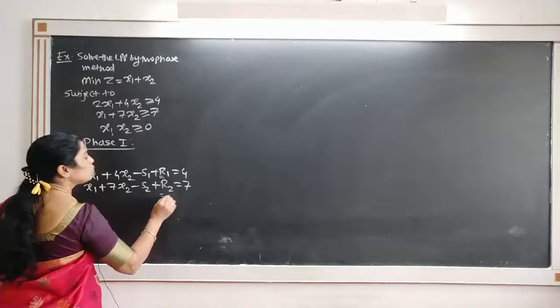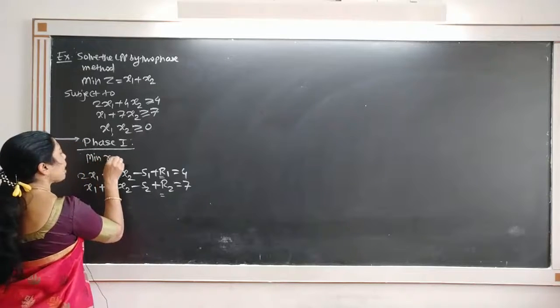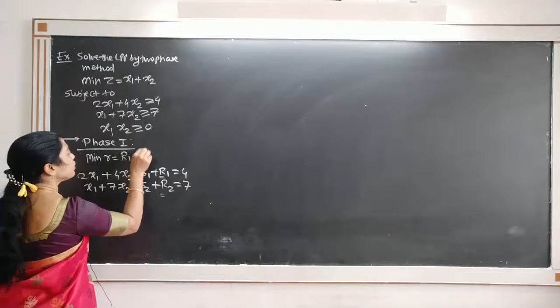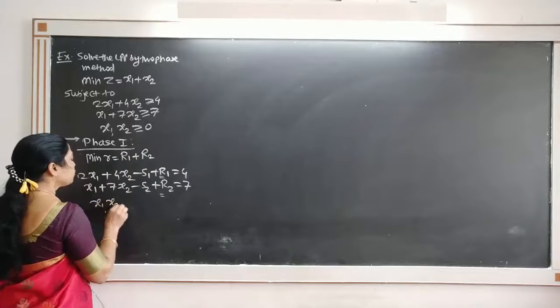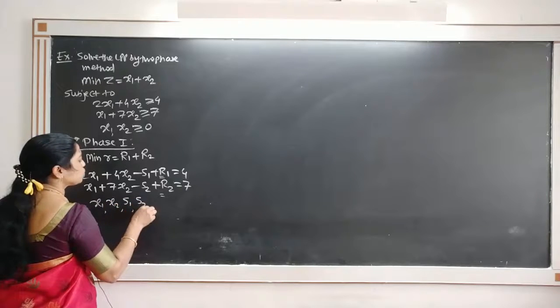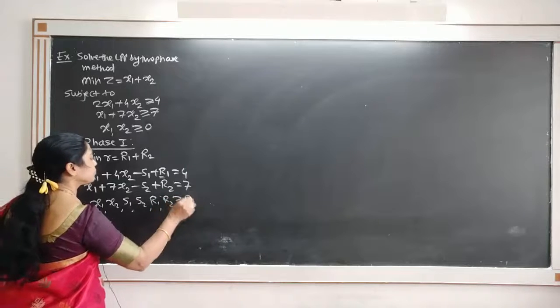Because there are two artificial variables, our objective function is minimum r, which is r1 plus r2, and all the variables x1, x2, s1, s2, r1, r2 are greater than or equal to 0.